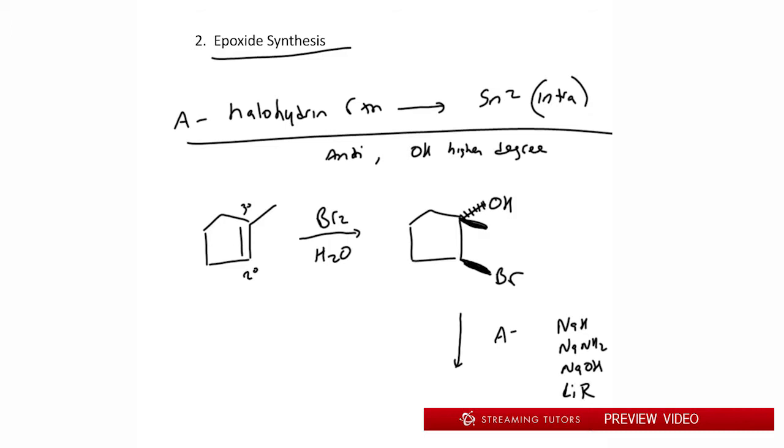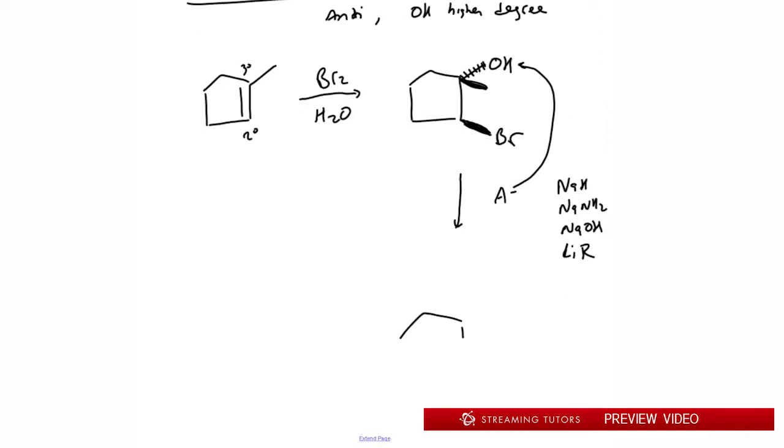It doesn't really matter what the base is, but a base will pull off the H and make that oxygen negative. Once the oxygen is negative, and I'll just put the wedge here to put it out of the way, and here's a wedge Br. Once it's negative, now the oxygen can fold in through an SN2 attack. So through SN2, we can have this O come in and the Br leave, and that gives us the epoxide.